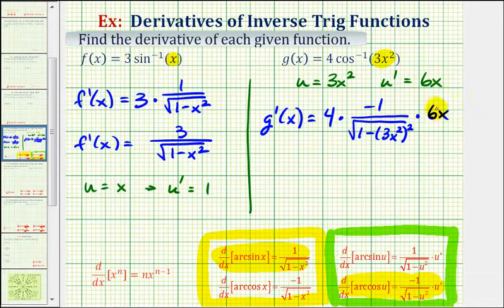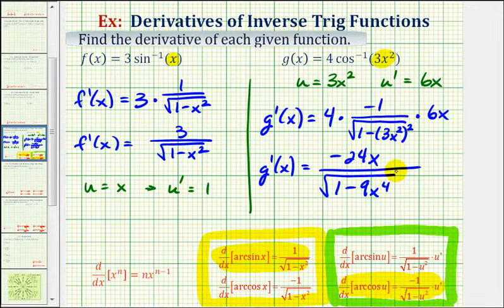Now let's go ahead and clean this up. We have g prime of x equals negative 24x divided by the square root of 1 minus 9x to the fourth. And this would be our derivative function.